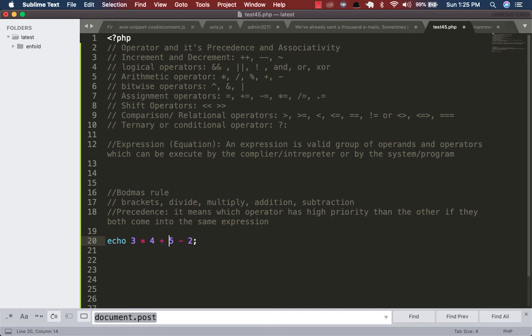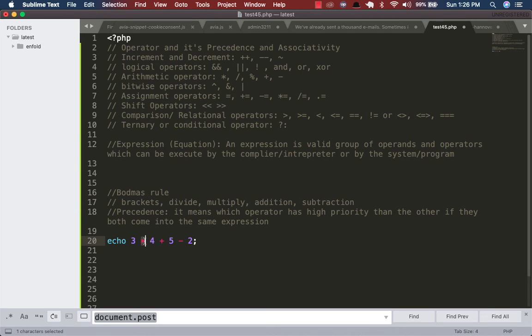These are constant values or operands, and these are operators. According to the Bodmas rule, first we execute brackets, then divide, multiply, addition, subtraction. So we only have multiply first, and then addition, and then subtraction.